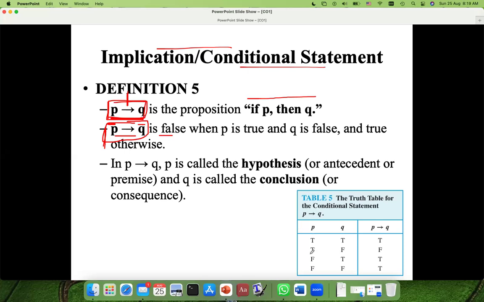Like here, first one is true, second one is false, and you have the false value according to the definition. And for all others, you can see it is true in the truth table.